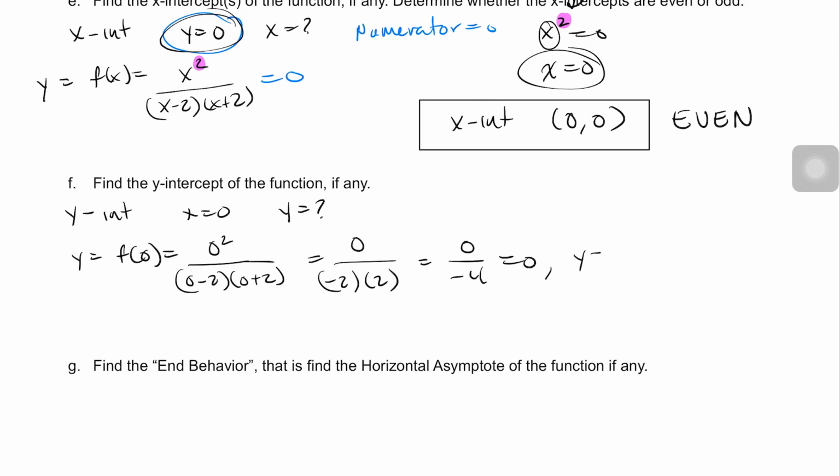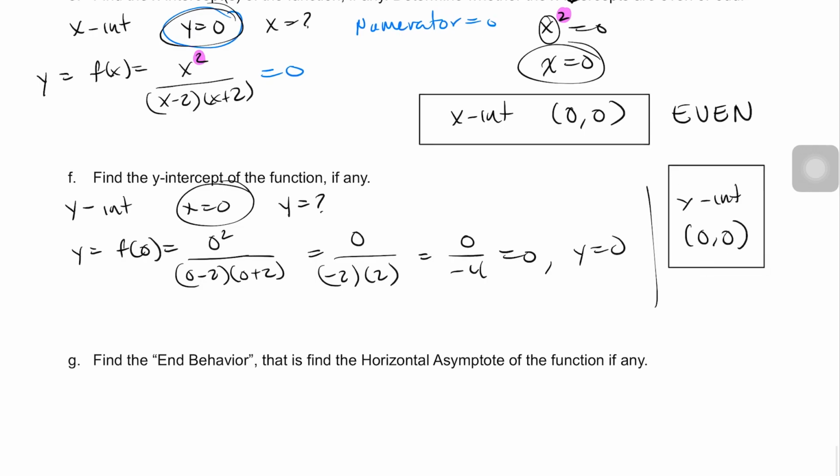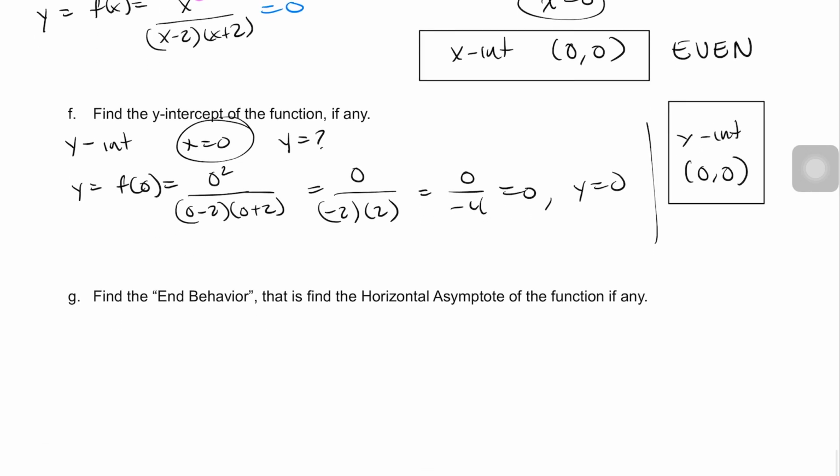So y is 0 whenever x equals 0, which makes sense because that's the same thing we got last time. So it's the same value, right? In this case, the x-intercept happens to be also the y-intercept, right?